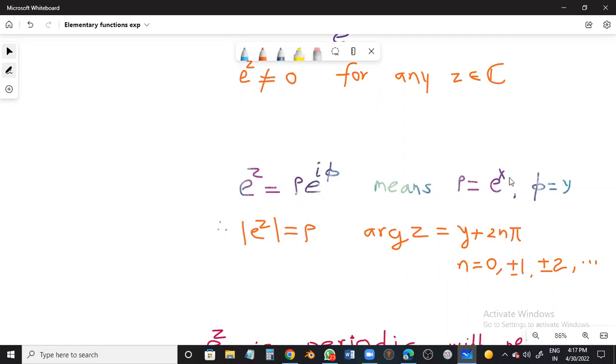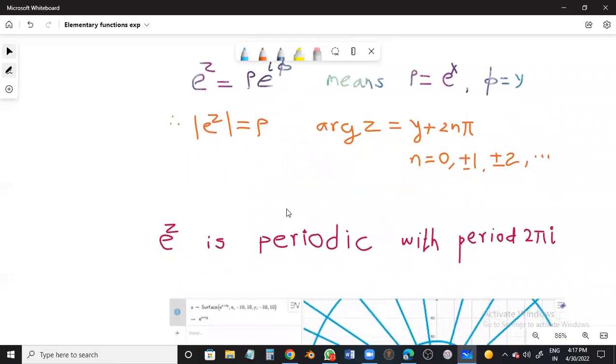This rho is nothing but e raised to x. And what is this argument? Phi. Argument phi is nothing but y plus 2n pi, and n stands for any integer. So what you observe over here, e raised to z is periodic, and period is 2n pi, sorry, 2 pi i. So in period, i will always appear. Period is 2 pi i.